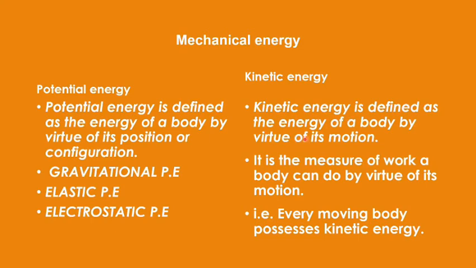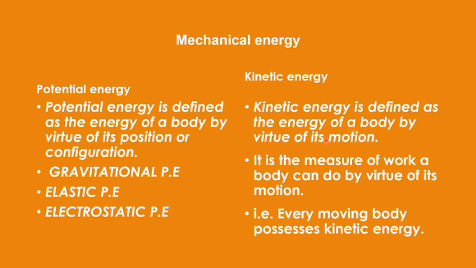So kinetic energy is the energy possessed by a body by virtue of its motion. It means due to its speed. Like when you are holding a stone on a string and then you release it, that is the potential energy, you are changing its configuration. But if a car is moving, then the energy possessed by the car, and it is going to hit, is due to its motion.